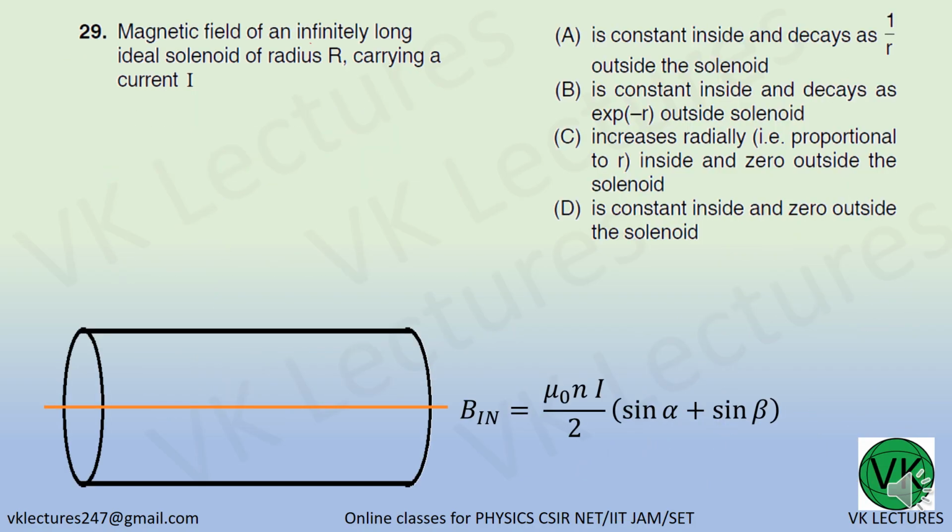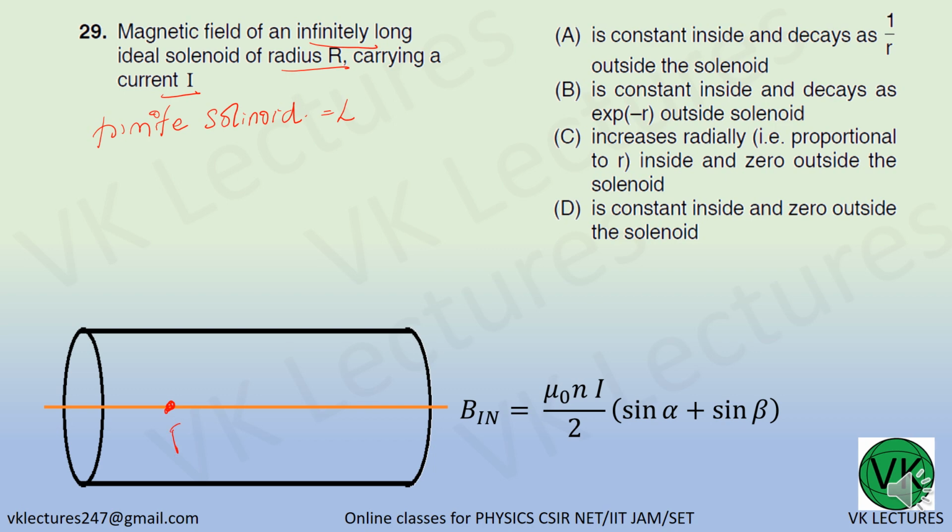Magnetic field of an infinitely long ideal solenoid of radius r carrying a current I. Now let us first take a finite solenoid of some length L. Okay, now I want to find out the magnetic field at this point.